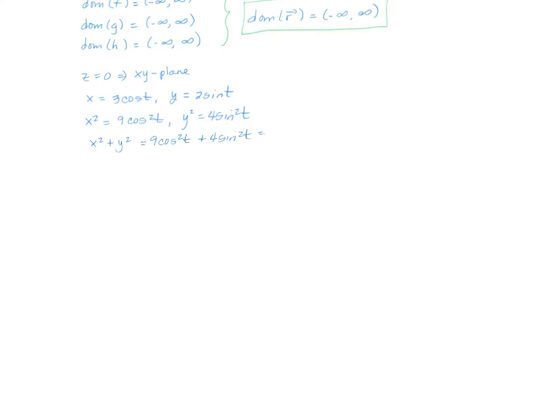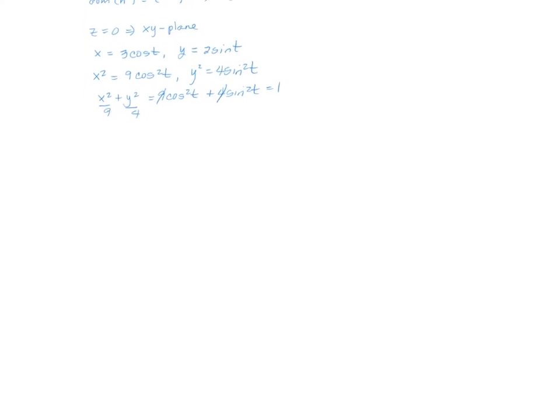So that's supposed to be equal to 1 on a unit circle. Well, if I simply divide out by 9 for the x squared and divide out by 4 on the y squared, then I get cosine squared plus sine squared is equal to 1. So that's sort of a roundabout way to get the equation of an ellipse.